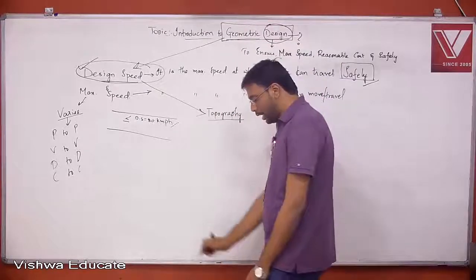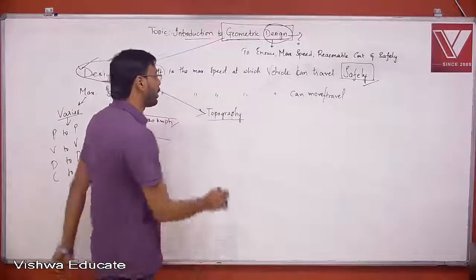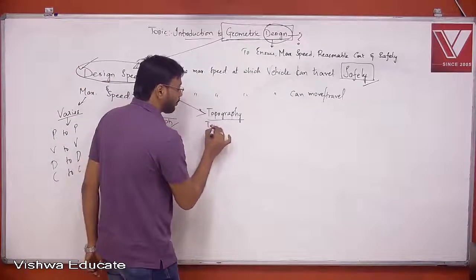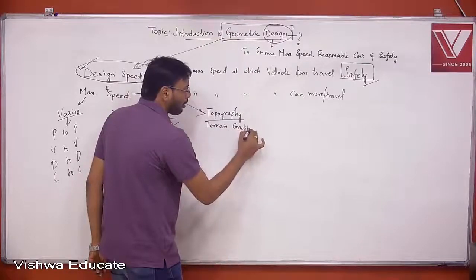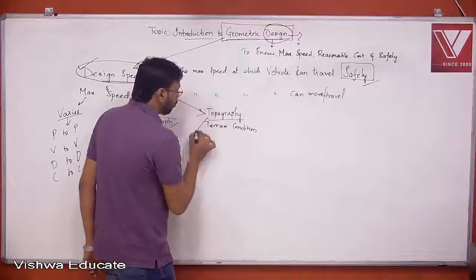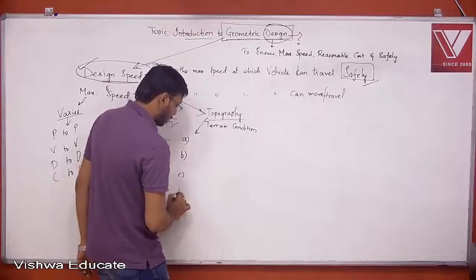Topography is nothing but terrain conditions, and the topography in India can be classified into four categories.